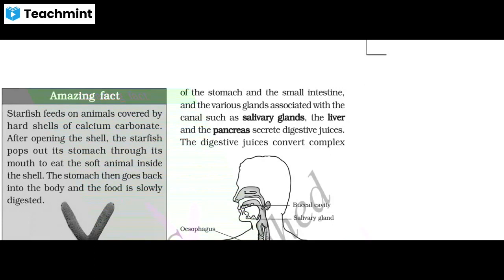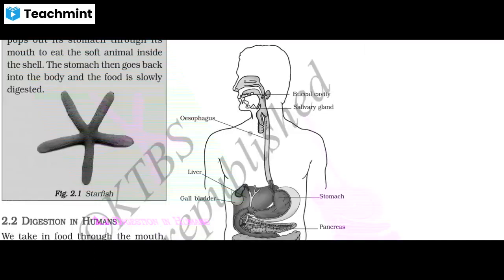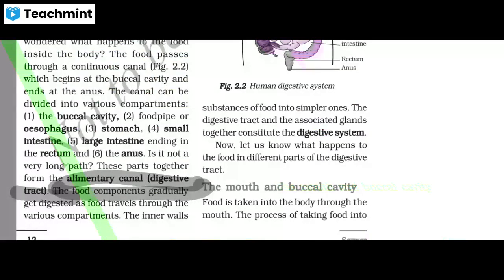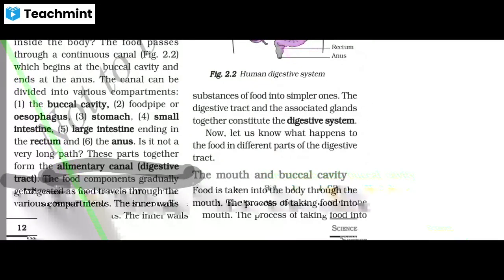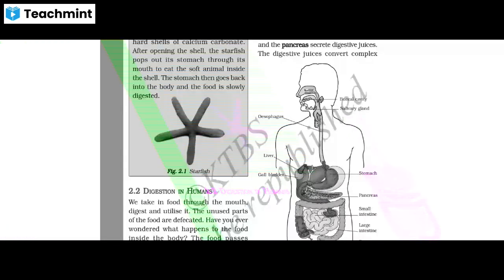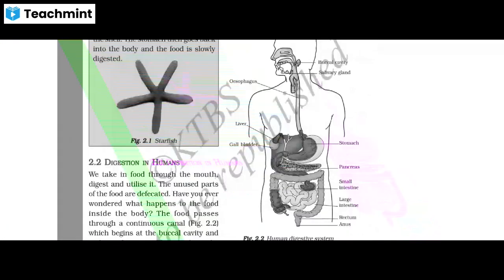With the help of that digestive juice, the complex food is converted into a simpler one. Then the digestive tract and the associated glands together constitute the digestive system.